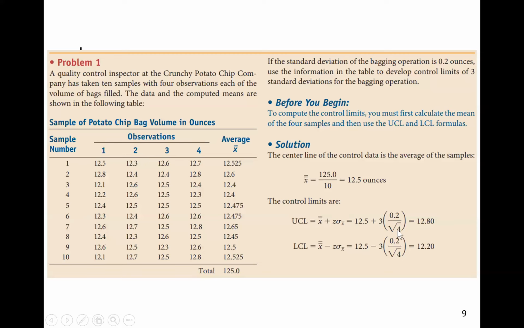So here this is ultimately the standard deviation of the company that we are using to develop the standard deviation for the samples. So the upper control limit is 12.8 and the lower control limit is 12.20 here. So practice this type of problem from the book. There are some problems given there in the book.